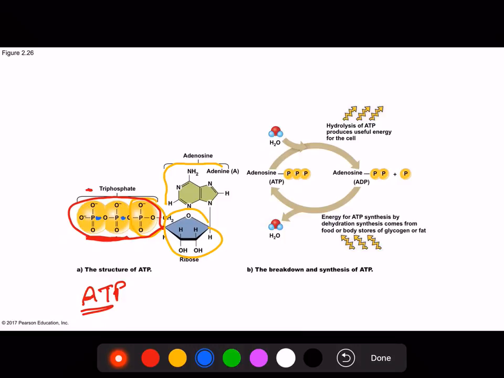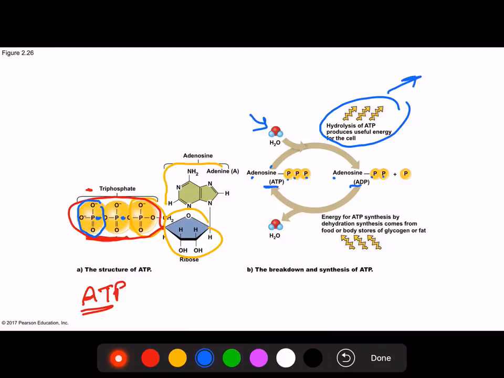Now, the energy is stored here and here. We can break this phosphate group and release the energy out. How do we break it? By hydrolysis, by adding water. So we will move from ATP, an adenosine with 3 phosphates, into an adenosine with 2 phosphates, ADP. And we will release the energy.